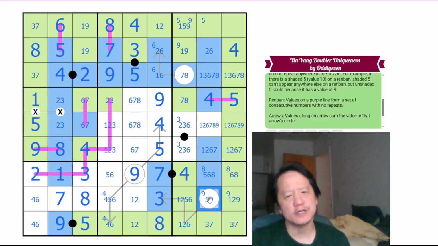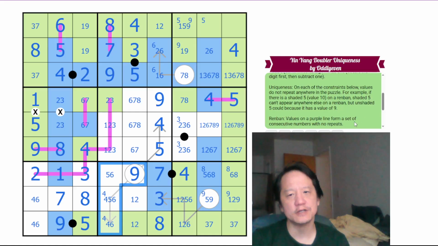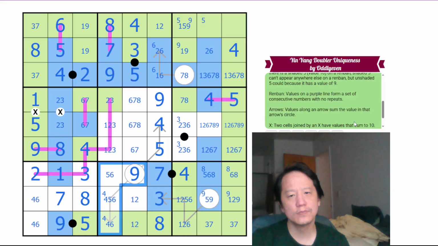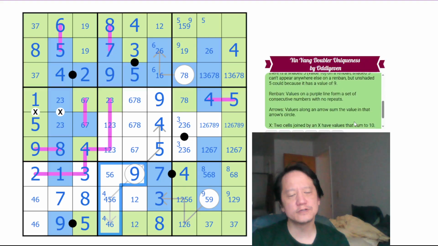So the question is, does the circle count as part of the uniqueness? I think so, right?